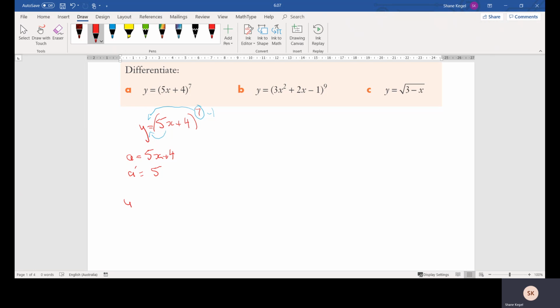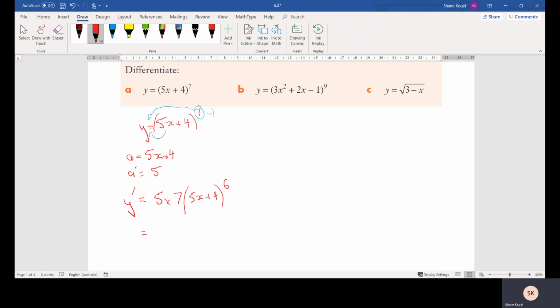So therefore, my derivative of y, which was my original function, is the derivative of what's in the brackets. So that was 5. And then I just treat it as if it was a single term. So I bring my power value down. So 5 times 7. And then I keep what's in my brackets here to the power of 7 take 1, which gives me my 6.